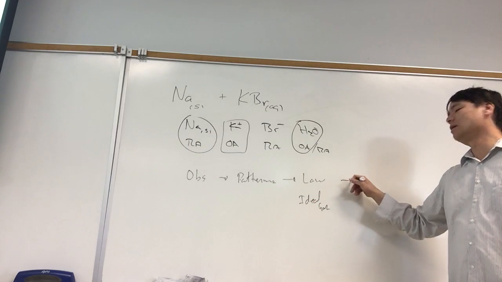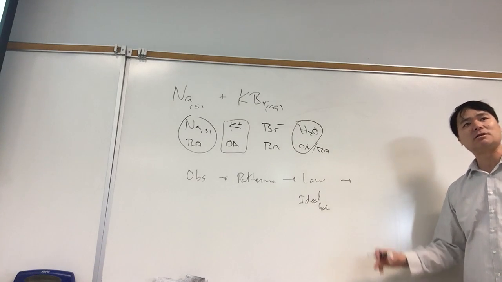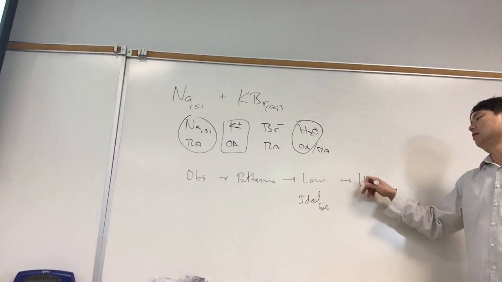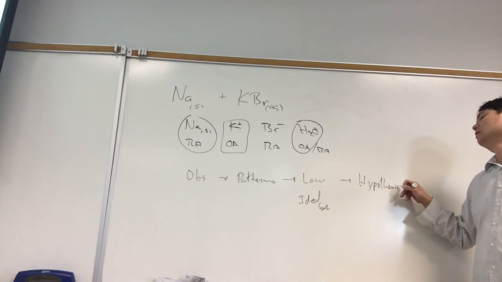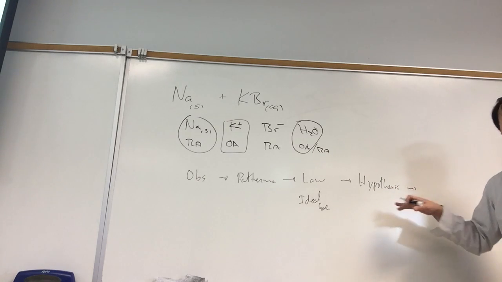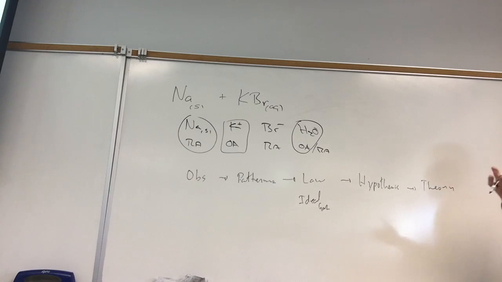But really what we want is a deeper understanding of these things. The deeper understanding is a hypothesis, a tentative theory. The deepest understanding is theory. Why do gases behave this way?